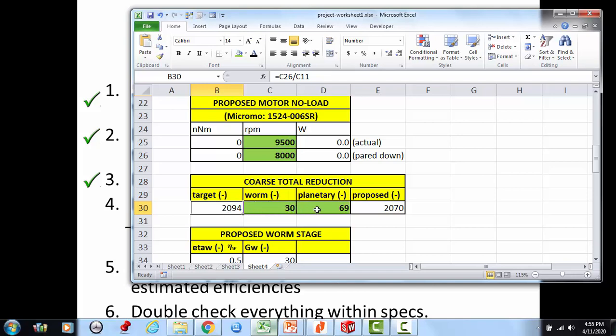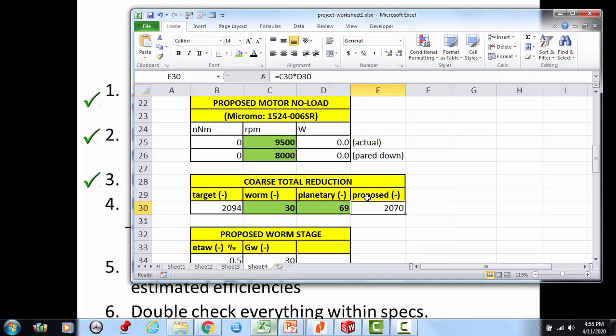And what we do is we're looking at a worm planetary combination. So if I were to use a worm of 30 to 1 and a planetary of 69, you multiply those two together and the total reduction would be 2070.